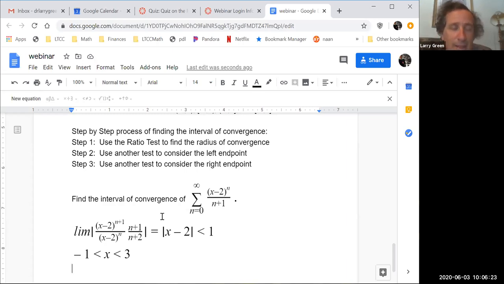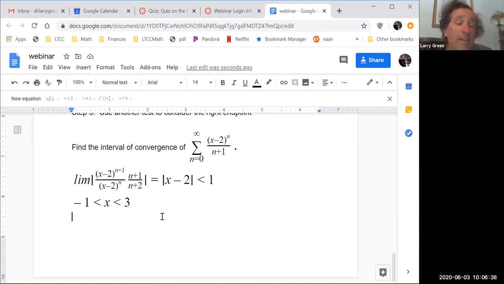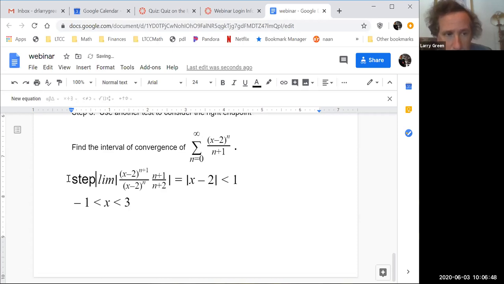Because the left and right endpoints will always give you 1, which means the ratio test didn't work. Does that make sense? So that's why you have to use another test. So now we have to try the endpoints, negative 1 and 3. That was step 1. Now let's go to step 2.